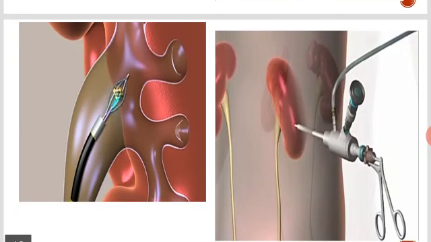which is used to drain the urine. After such procedures, in order to make the ureter comfortable, this stent is inserted into the ureter.